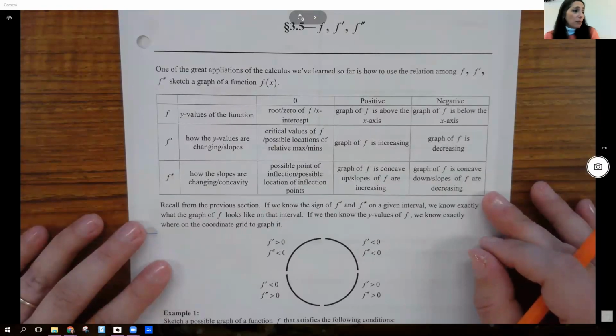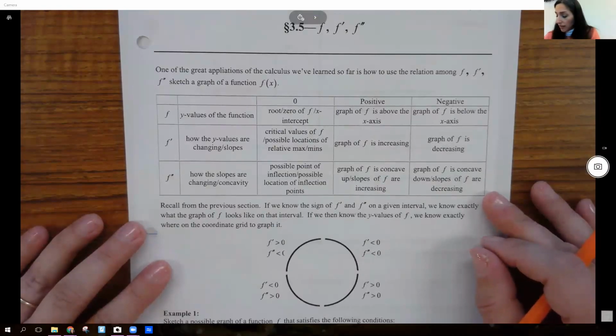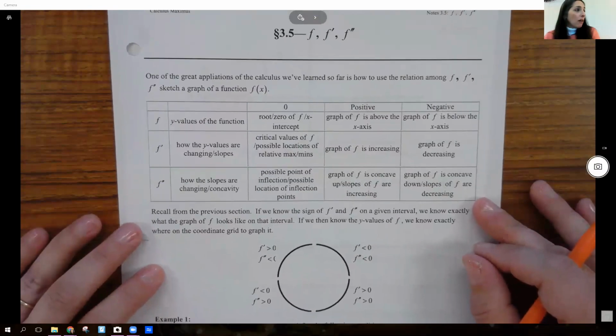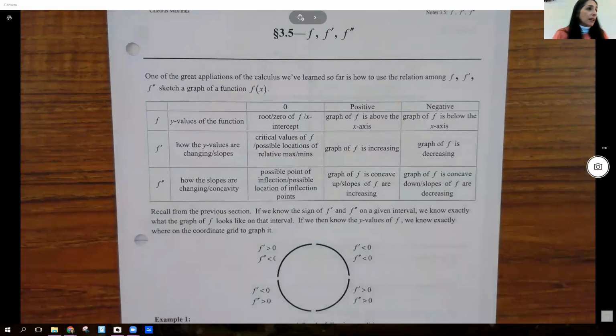If you want to take a screenshot of that right now, or if you have it already or printed it, that's really nice. It's all in one spot, everything that you need to know about the original function, the first derivative, and the second derivative. And down here, we already filled this in, but that's nice too to have all in one spot.